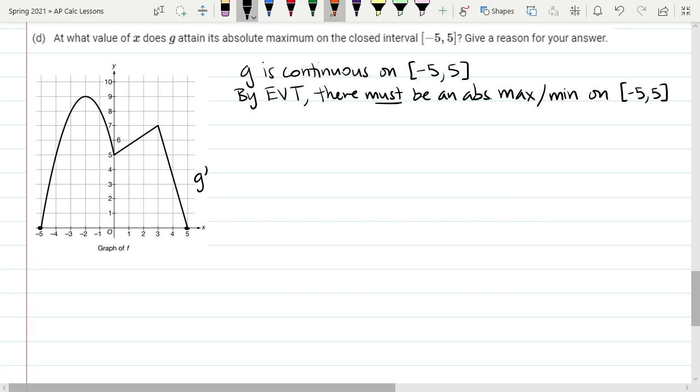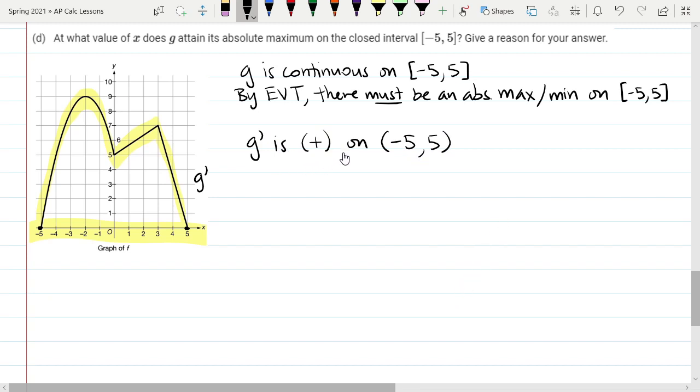Now here's where you have to try to remember once again. This is g prime. And notice that because the entire graph of g prime lies above the x-axis, that means g prime is positive on that entire interval from -5 to 5.